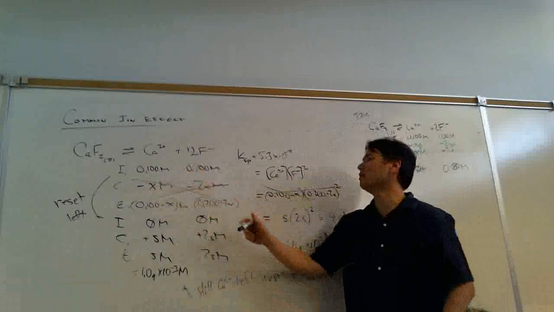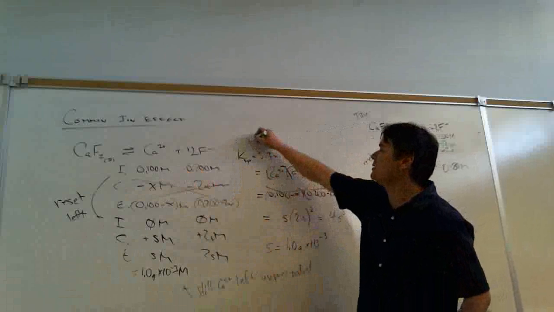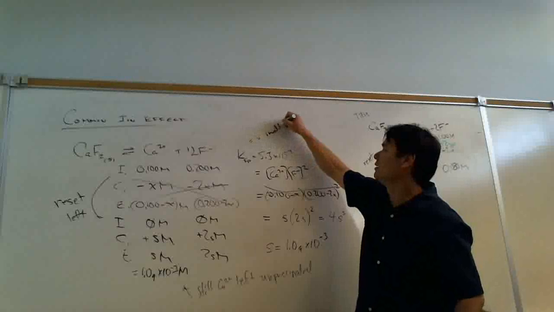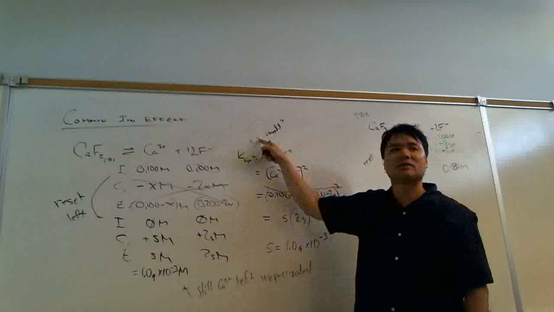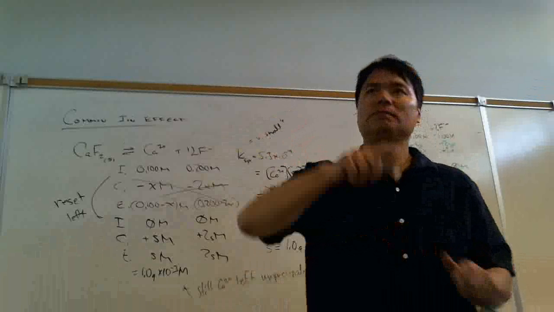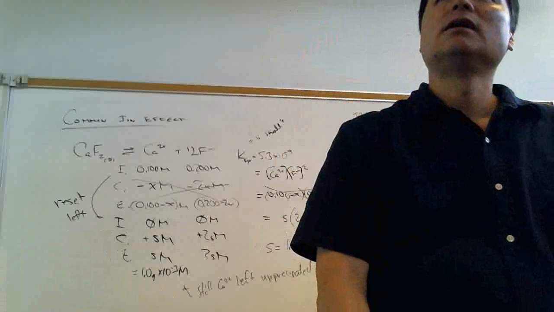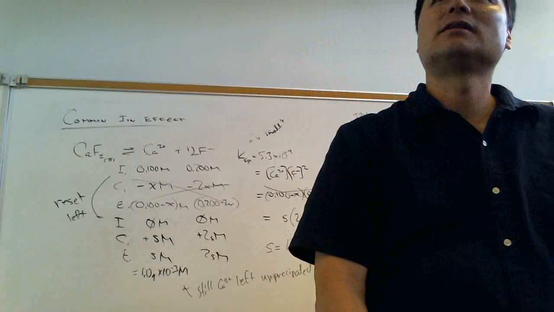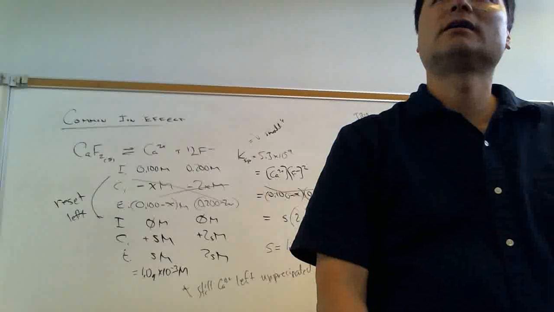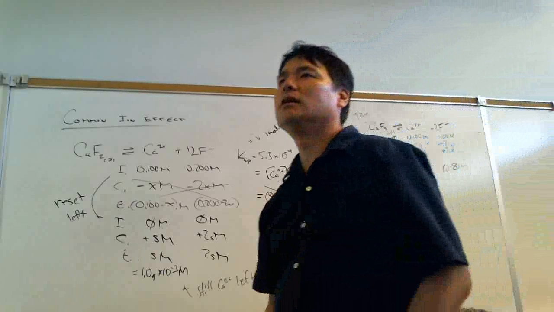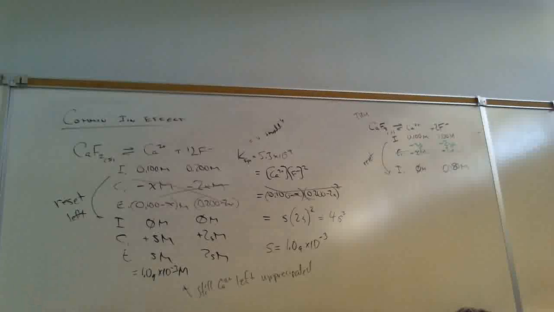The only time we go 100% reverse is if Ksp is very small, literally that we have no number for this. It's like up there. Do you see the strong acids? Look at the strong bases. Very small in the forward direction. If it's very small in the forward direction, do we expect the forward reaction to occur?